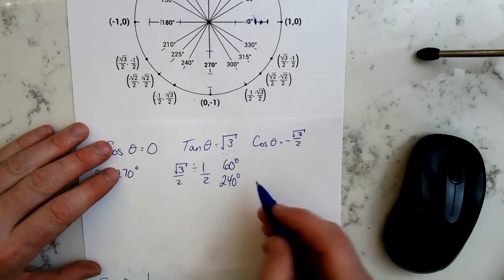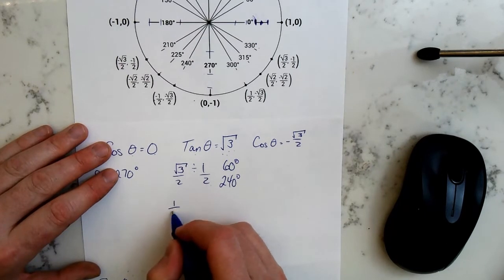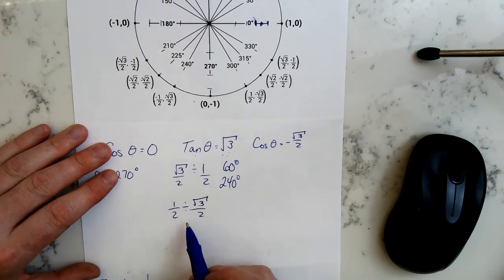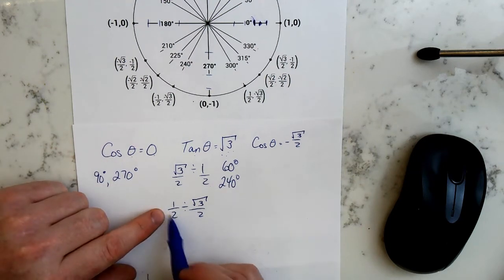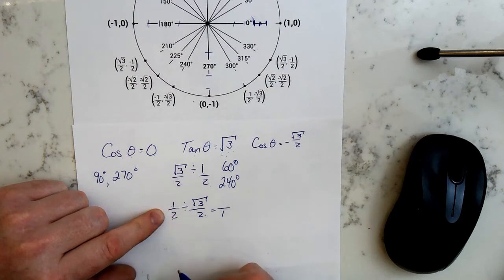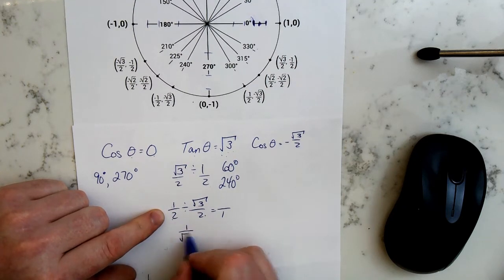The other option for tan is if we have 1/2. And this one's harder because we've got 2 divided by 2 is 1. 1 divided by root 3. So we end up with 1 over root 3.